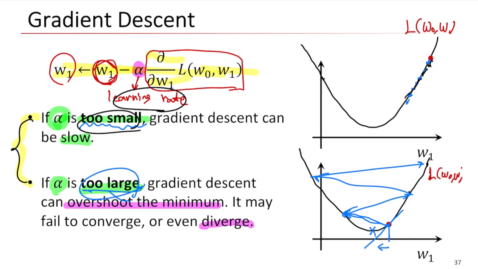Because we start from here, and if alpha is too large, the next step will be like this, like this, like this. So it may fail to converge or even diverge, right? So that's why choosing a proper learning rate is really important, right? So this is gradient descent.